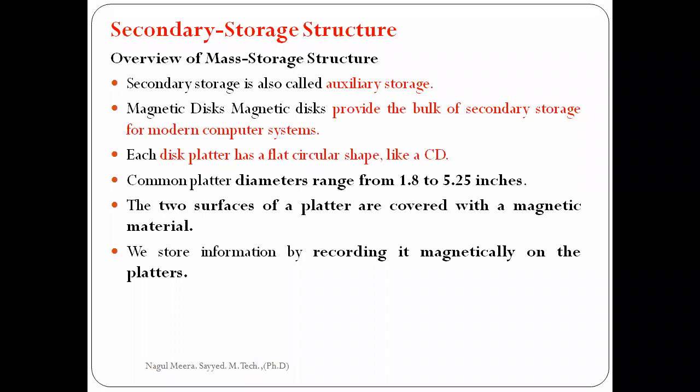I want 8 GB of RAM and 250 GB of ROM. What is the meaning of that? 8 GB of RAM means 8 GB of primary memory you are asking for, and 250 GB of ROM, read-only memory, is nothing but secondary storage.